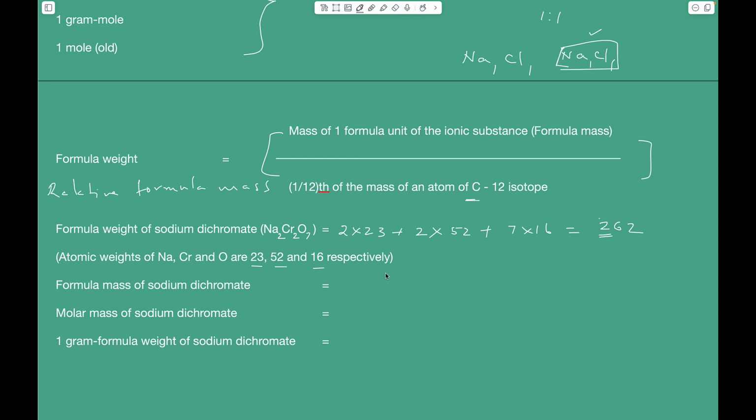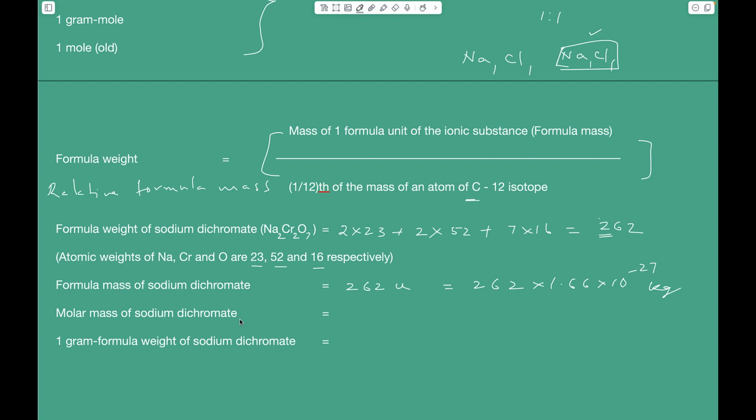I think now you know the drill. It is nothing but its formula weight in unified atomic mass units. So it will be 262 u, and in kilograms it would be 262 times 1.66 times 10 to the power of minus 27 kilograms.